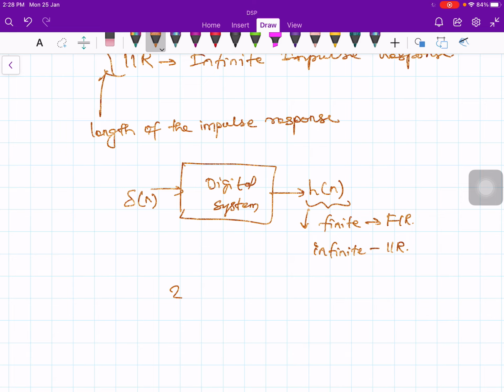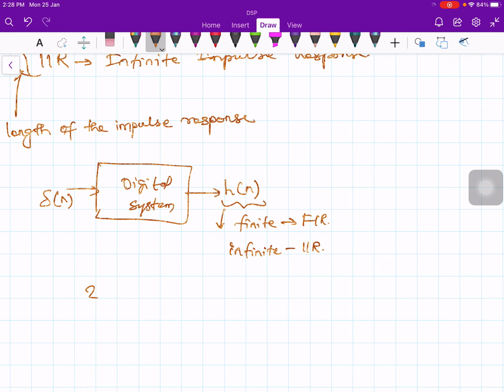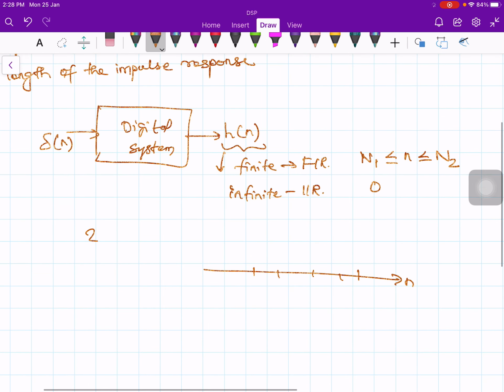Okay, so if a system has h of n which is non-zero for capital N1 less than or equal to small n less than or equal to capital N2 and 0 everywhere else, that is, our range of definition on the time axis is limited, that is finite, then you say it is a finite impulse response system. Let's say this point is capital N1 and this one is N2.